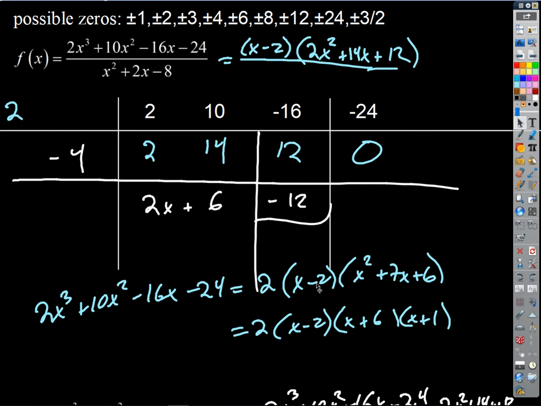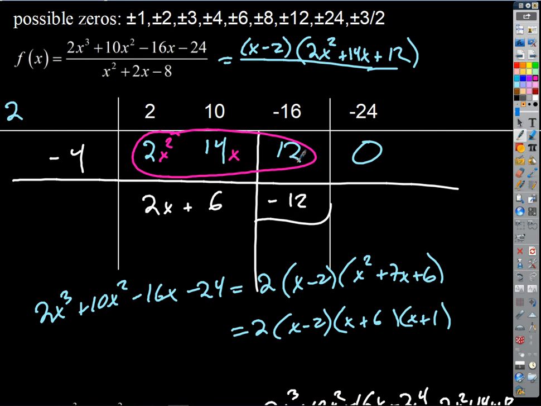Well then what was left over? When I plugged 2 in, these were the coefficients that were left over. 2, 14, 12, right? So we know that x minus 2 is being multiplied by 2x squared plus 14x plus 12, right?